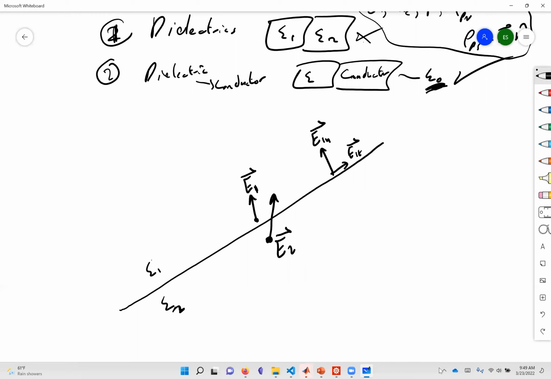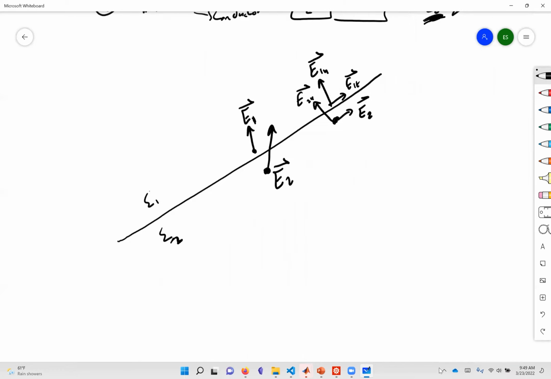And just before the interface, we also decompose the field into a tangential component and a normal component. And we study each of those separately. We study how the tangential component of the field changes as we cross the interface, and then we study how the normal component of the field changes as we cross the interface.